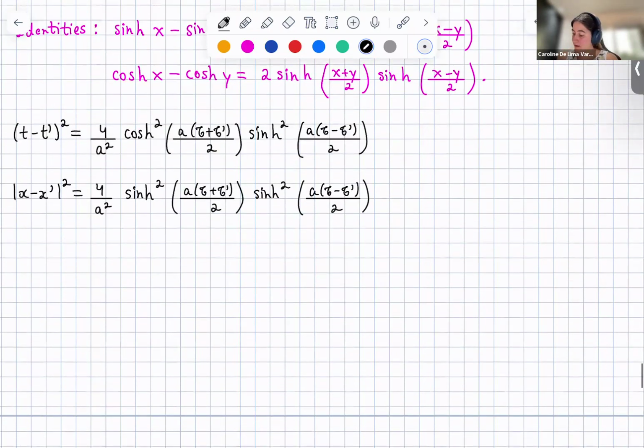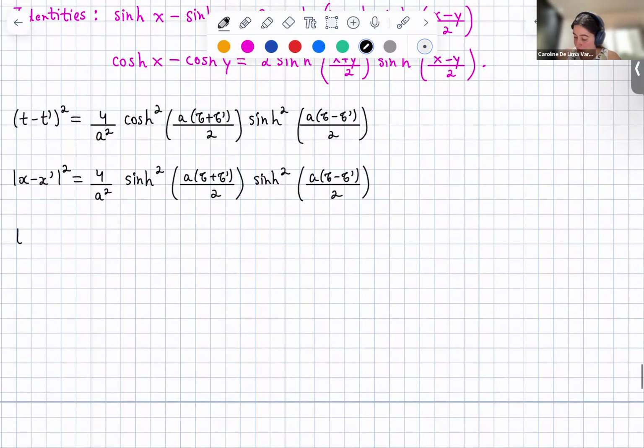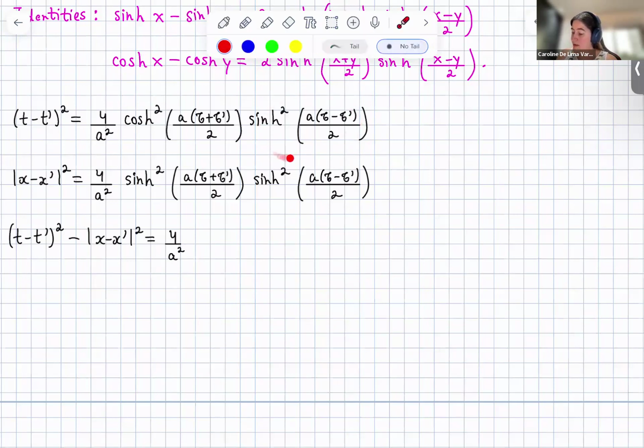So we can rewrite (t minus t prime) squared minus (x minus x prime) squared as 4 over a squared. I'm going to put the sinh squared of a times (tau minus tau prime) over 2 and factor this out.